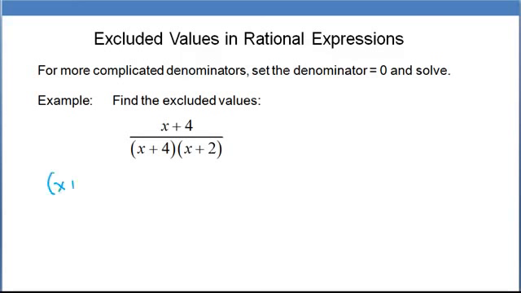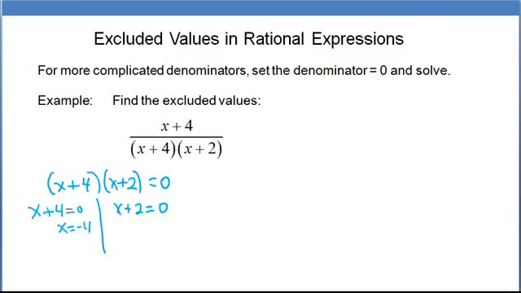So x plus 4 times x plus 2, when is that equal to 0? You are set to use the zero product law. Either x plus 4 equals 0 or x plus 2 equals 0, and then solve. So subtract your 4. And here subtract a 2.